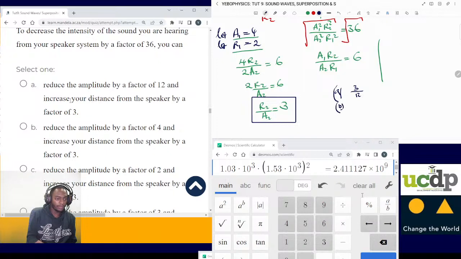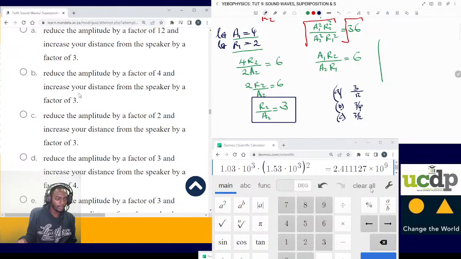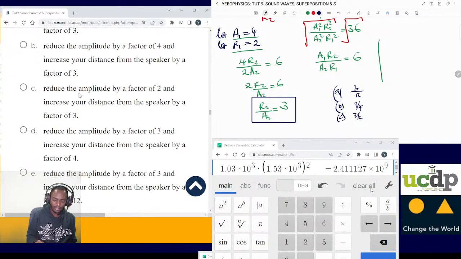B, that will be 3 over 4. C, that will be 3 over 2, and D will be 4 over 3, and E will be 12 over 3. And none of these are leading to the answer that we need.